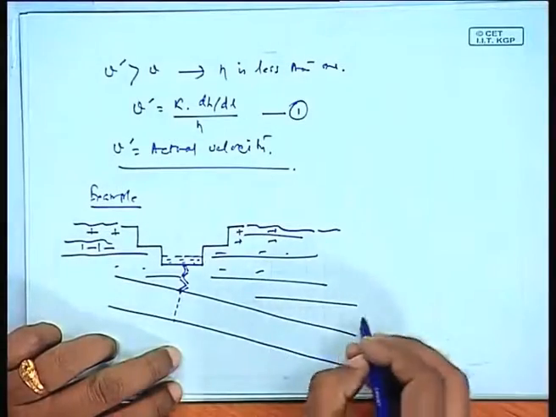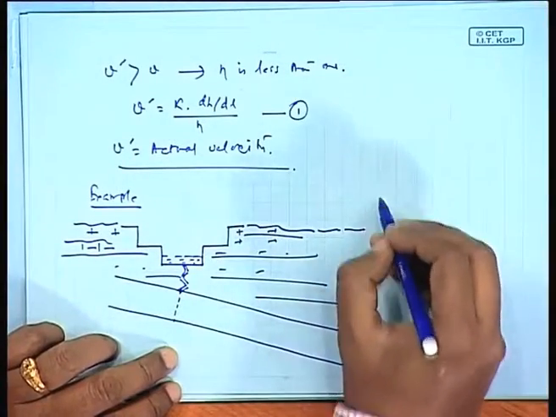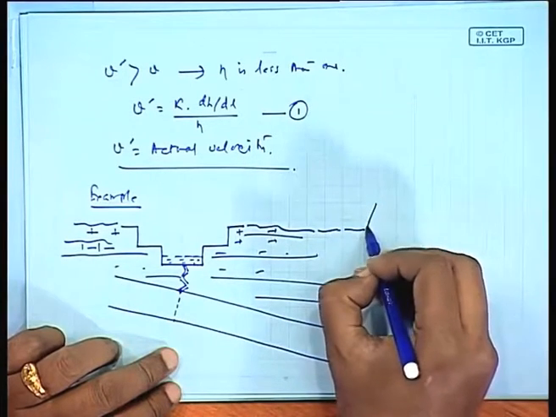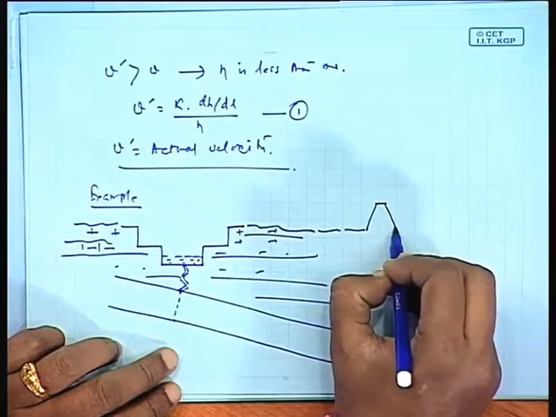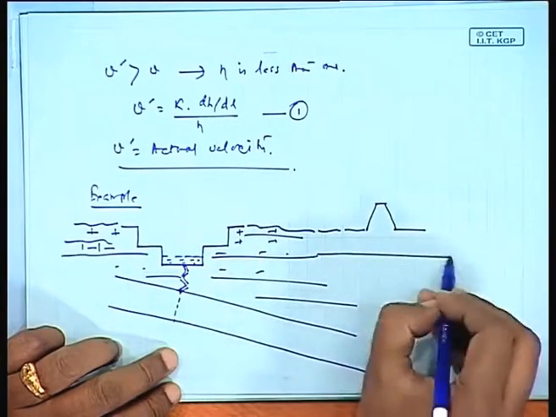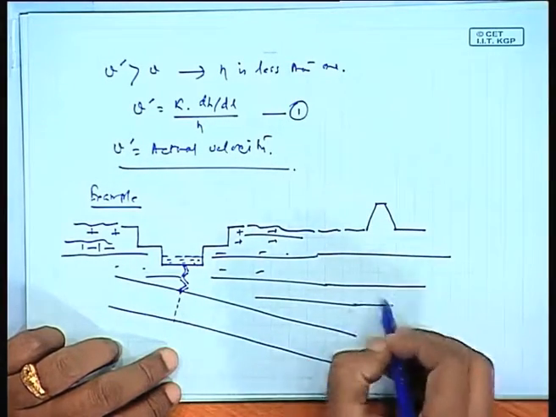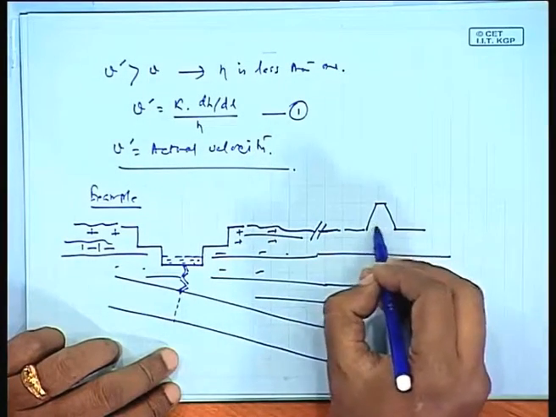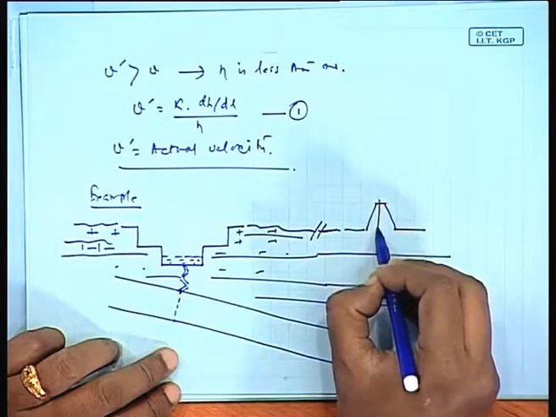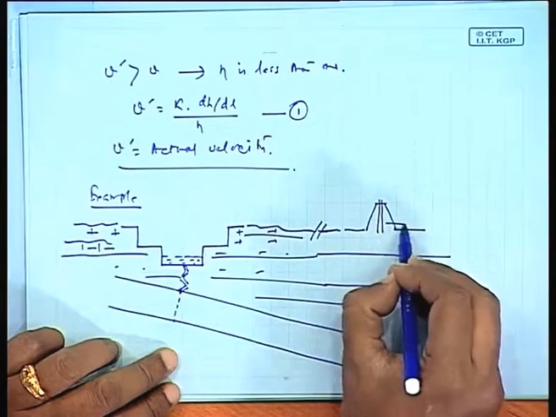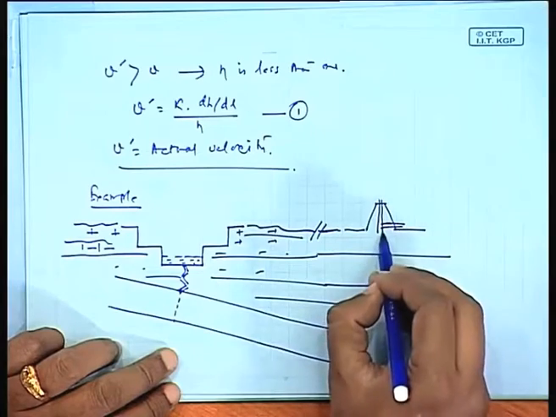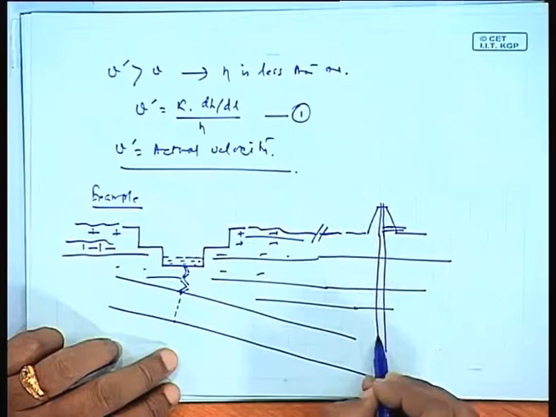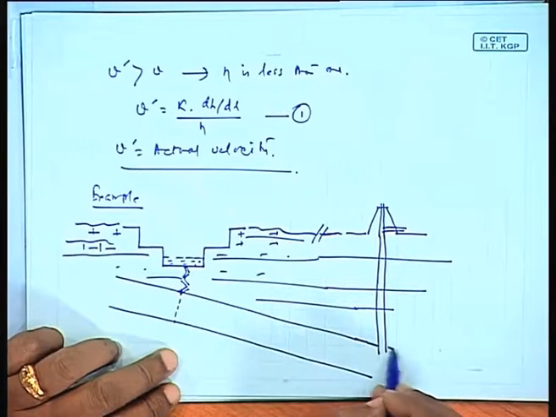Now, having said this, say we have one installation here, a groundwater pumping installation at a distance, which is drawing water from this aquifer.